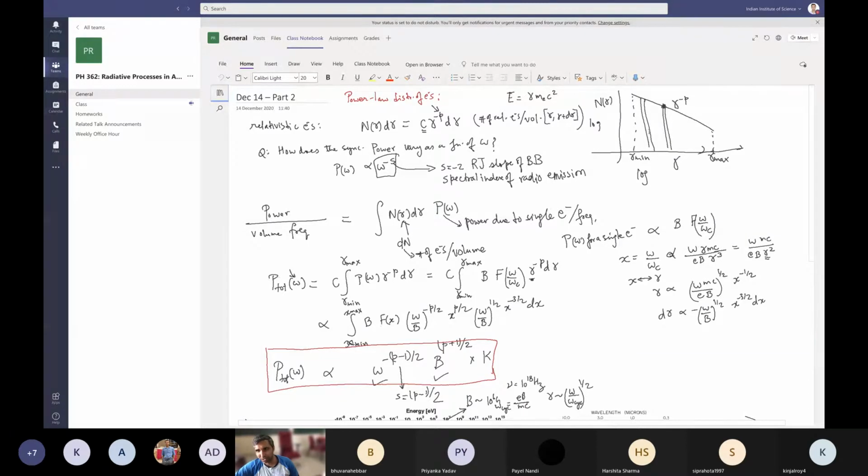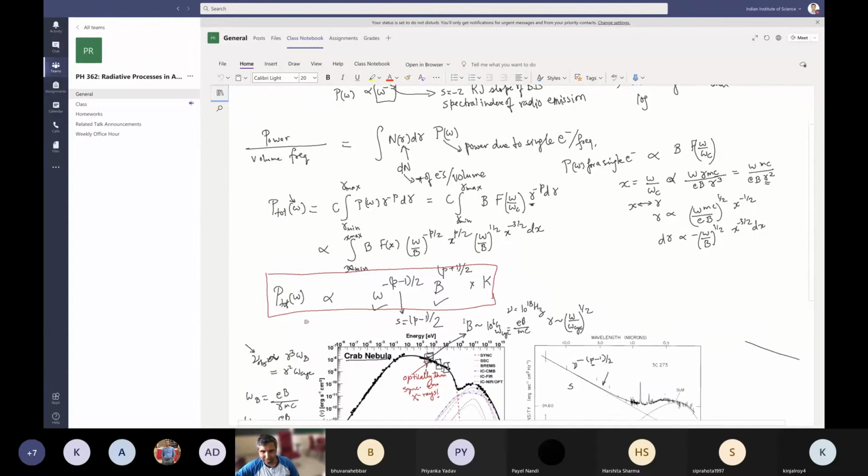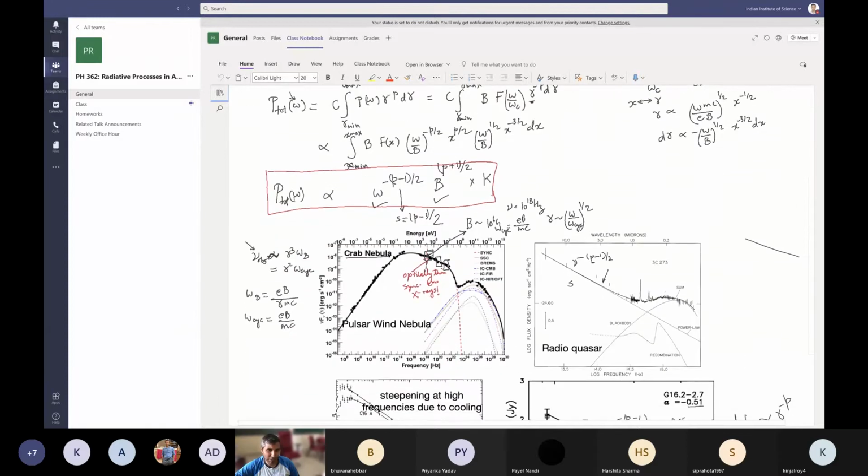There is a one-to-one relationship between gamma and this x. I do this integral, and the nice thing I get in the end is this total power. This depends on alpha, but the scaling with B and omega is independent of the pitch angle alpha. Whatever the pitch angle is, the frequency and magnetic field dependence is this. This k will depend on pitch angle, of course.